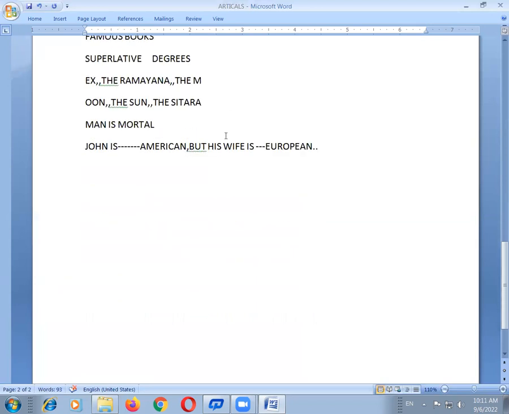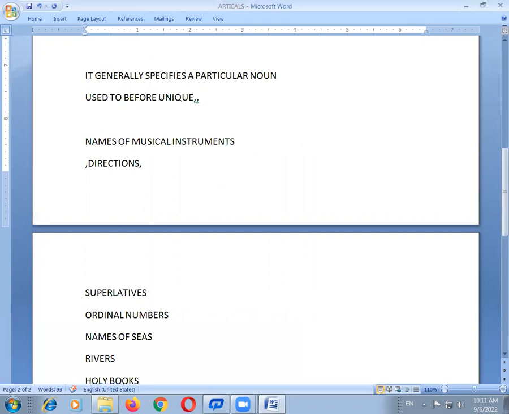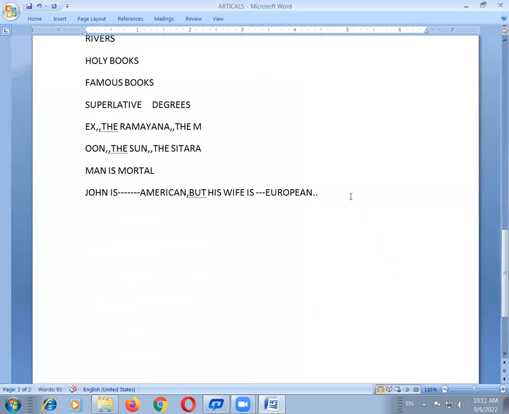Another one, when we do not use any article. Before an abstract noun we cannot use any article. No article is denoted with an X mark.